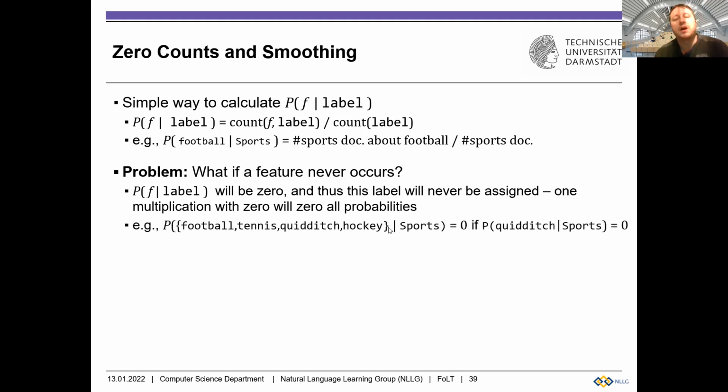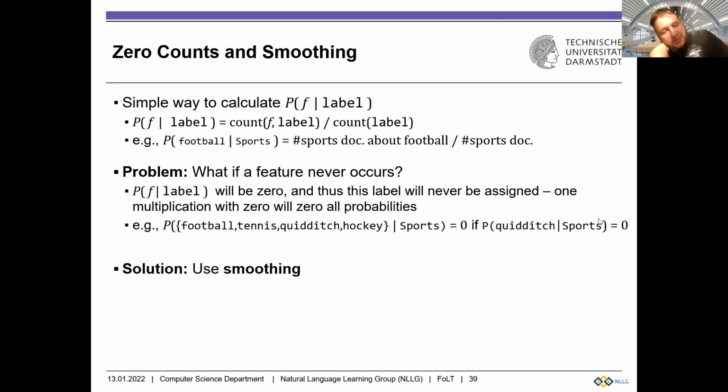For example, we could have that the probability of sports given this feature becomes 0, because one of those probabilities for a rare word becomes 0, right?